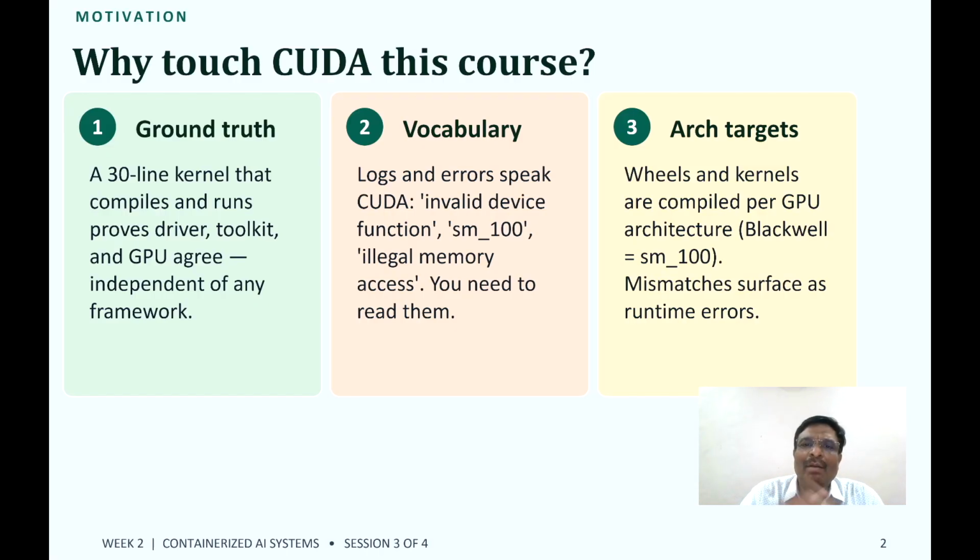It's streaming multiprocessor underscore 100, SM100. And these types of mismatches generally surface as runtime errors. So what we are trying to say is, when you change the GPU architecture, your drivers, your wheels, your toolkit, everything needs a change, or if it is continued, it has to be compatible. That's what it basically means.